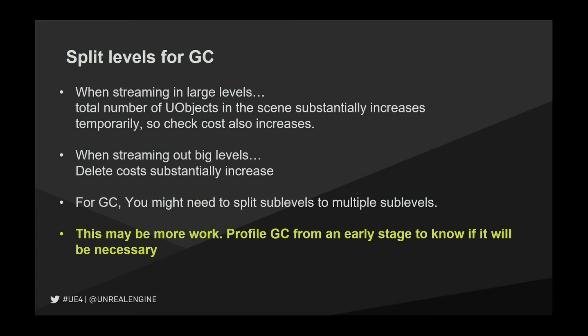And it also means that there's more to delete when streaming the level out. So if you can split your levels into smaller pieces, it's going to be a lot quicker for garbage collection. But it can be more difficult to work that way. So it's important to profile at an early stage to determine if this is something that will be necessary for your project.